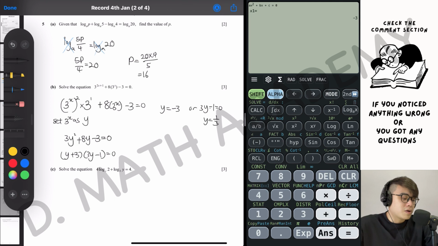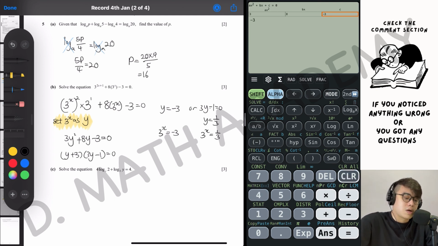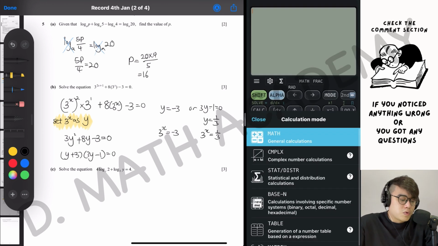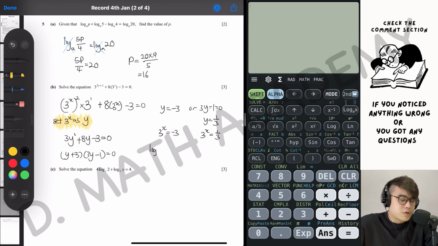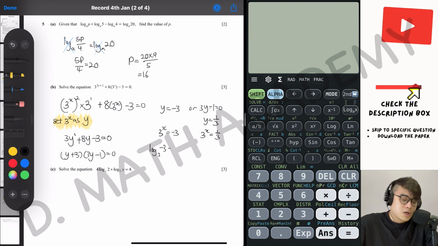But please remember, we are not looking for y here, but the value of x. So at the end, you're required to substitute it back. 3 to the power of x equals to -3 and 3 to the power of x equals to 1 over 3. If you were to use logarithm to trace the results, base will be 3, log -3 equals to x.